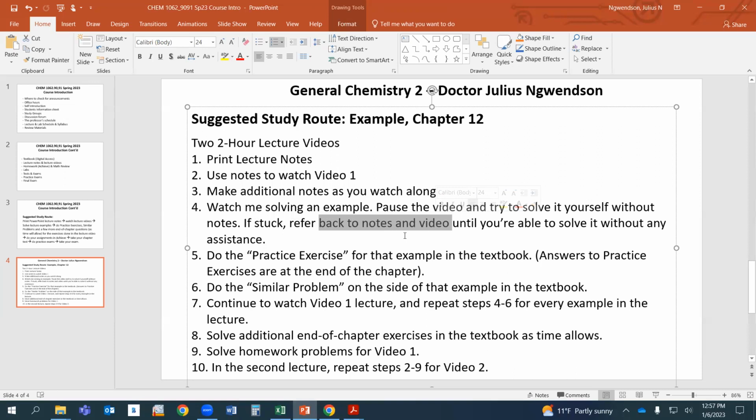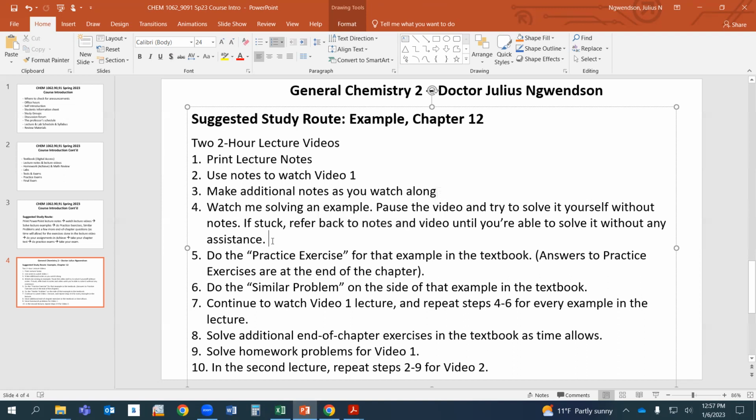Solve it until you get past that point that you got stuck. So be sure that you can solve the question from start to finish without looking at the video in between or without looking at the notes in between. That means you are now able to solve that kind of example if it comes in the test or in the exam.